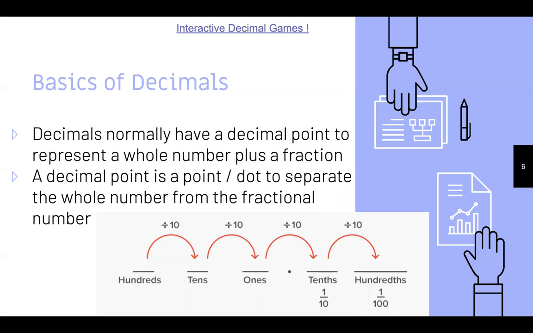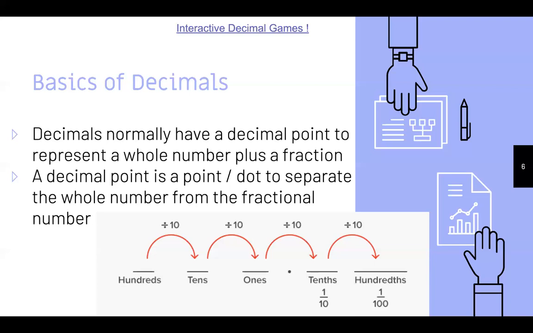Let's say we have 100.00. These are the number of places: hundreds, tens, ones, tenths, hundredths. From that decimal point, it goes in both the left and right directions, except it's very important to understand that with whole numbers, it starts with ones, tens, hundreds, thousands, 10,000, and so on.